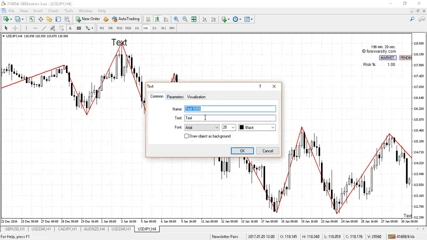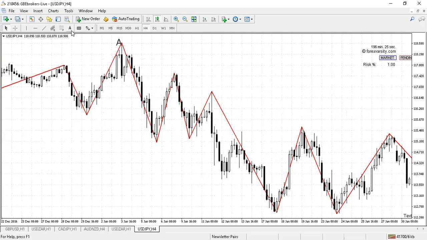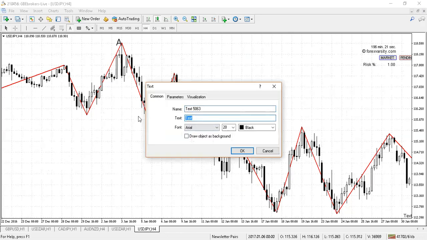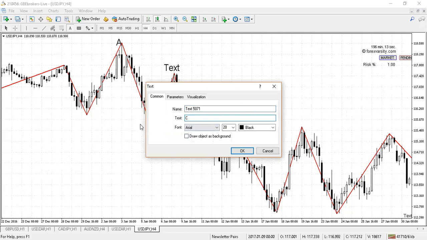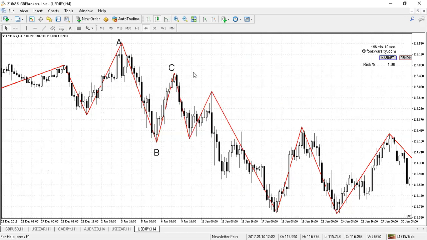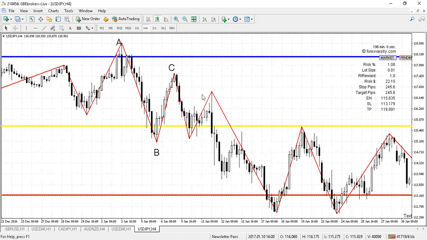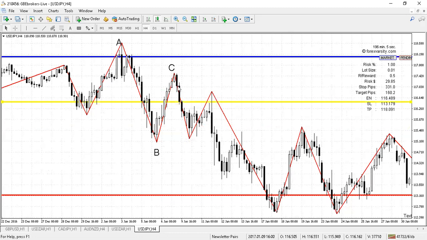Okay, this was our A. This was our B. And this was our C. If for example we entered in, this works very well even if you entered in on trades late, for example, even if it was this candle that gave you the signal.